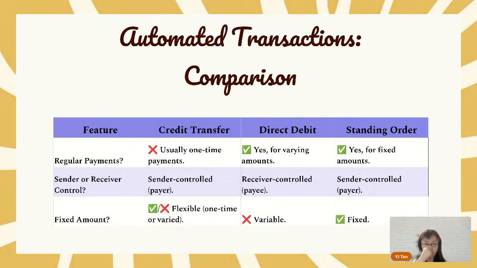Each month when there is an outstanding amount, they will directly bill you accordingly. Or maybe your company phone bill, the telco will charge you directly from your bank account or credit card. The standing order is the sender, where the payer controls. For example, when you pay your rental to your landlord, you use a standing order.